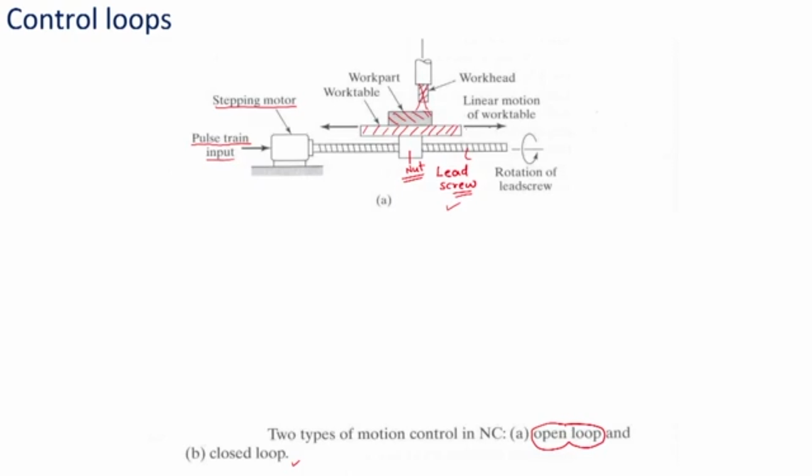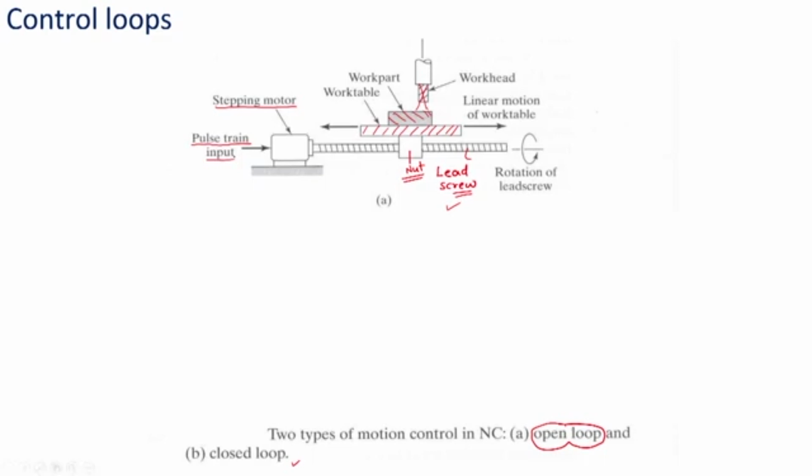If there is certain error, then that error can be rectified by the controller. When we do not have such arrangement, that is called the open loop. There is no feedback from the machine tool about its own performance. So, that we call the open loop, there is no feedback.